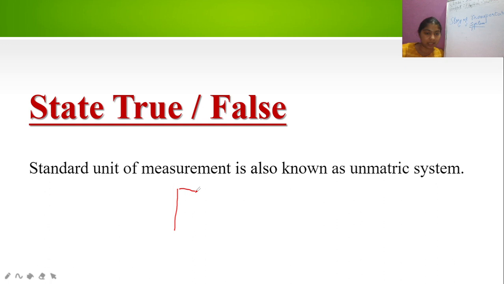Then you have to measure the distance from the floor to the mark on the wall. Then you do both things, with the hand span as well as the meter scale. After that you have to write down your observation, and tell me with which of the following you get the correct, accurate measurement of his height. Okay, so do this activity and we will discuss in the next class.